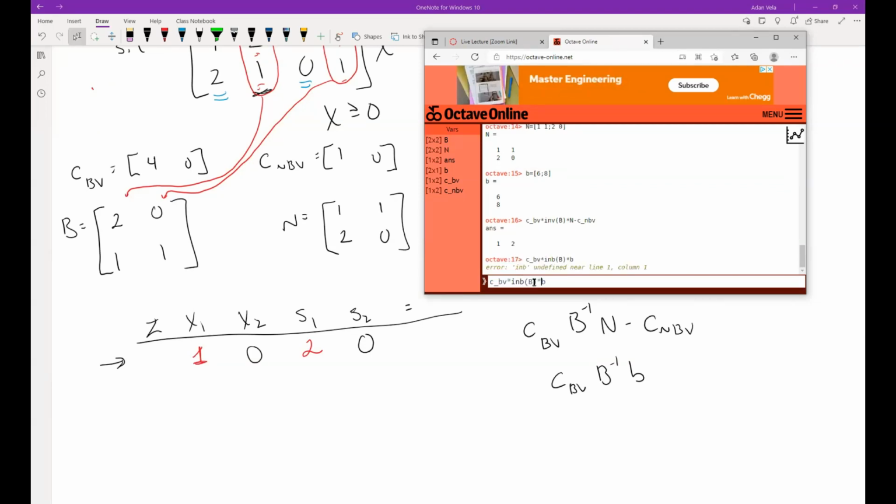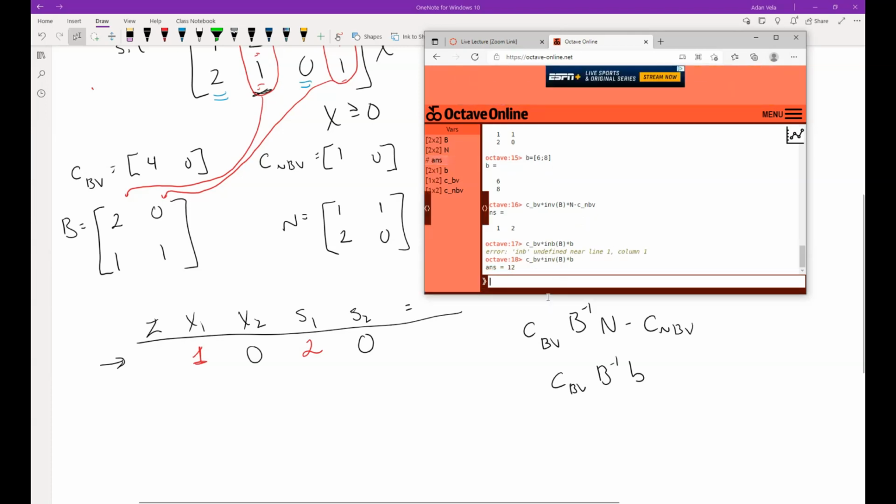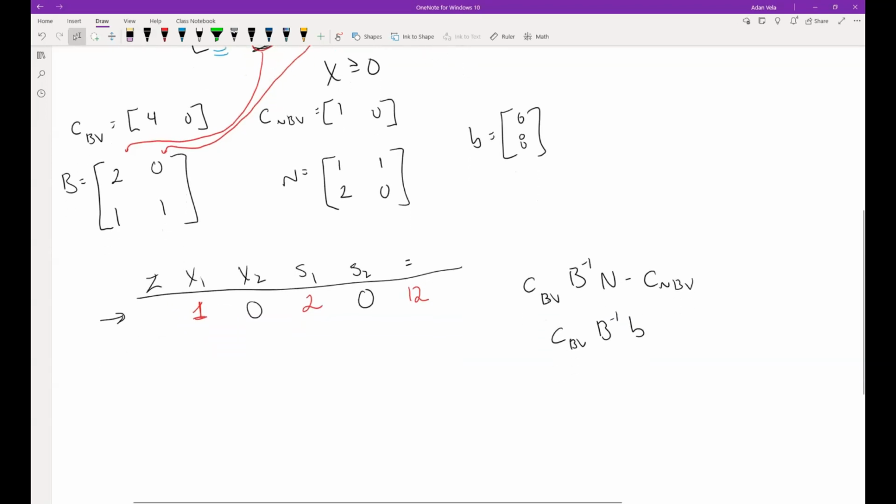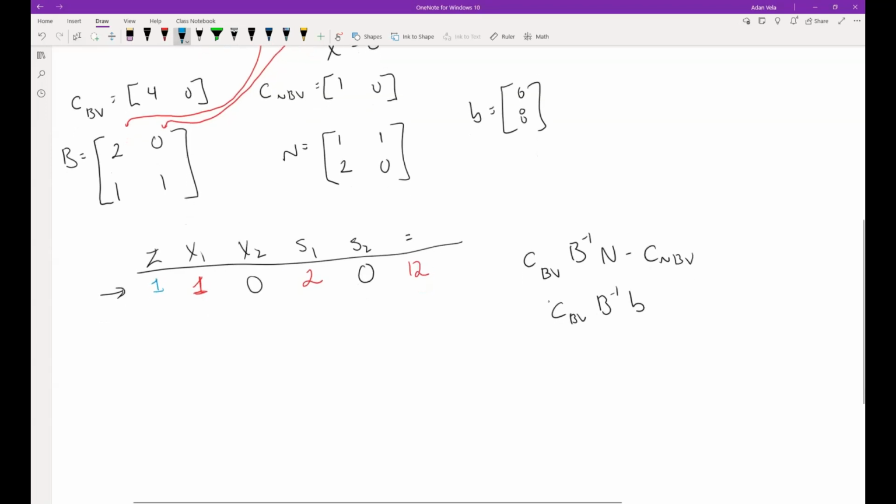Oops, I spelled inverse wrong. That's going to be equal to 12, so we can fill in 12. Now we have our 0 row, at least the important values. Technically there's a 1 right here or something.